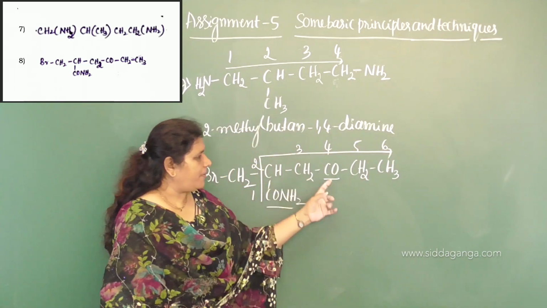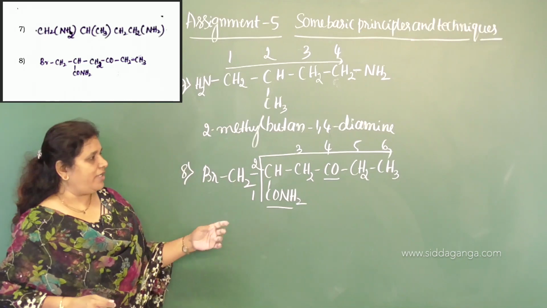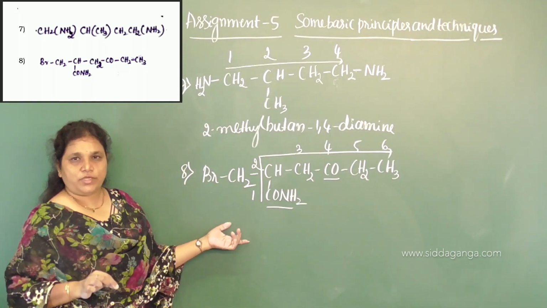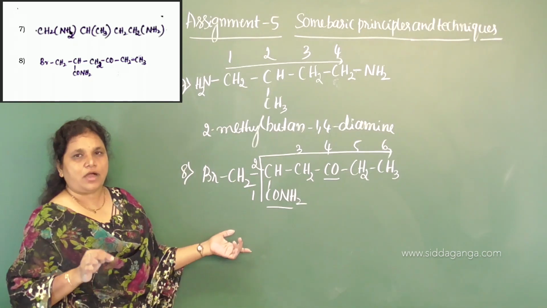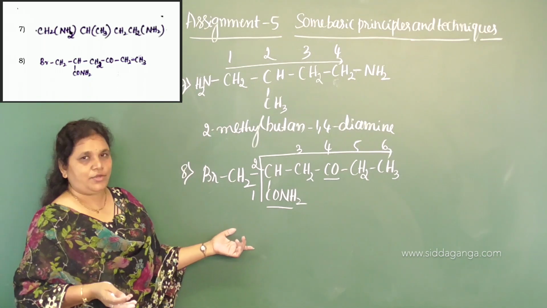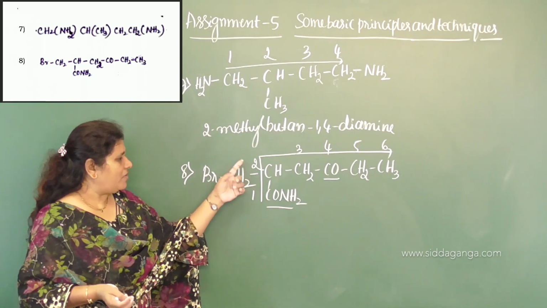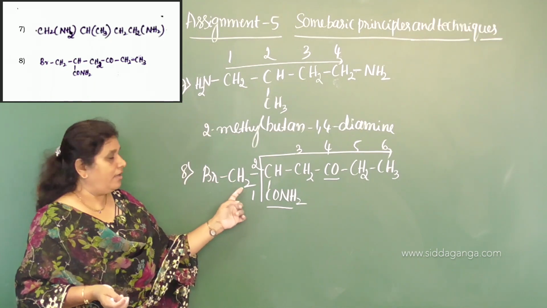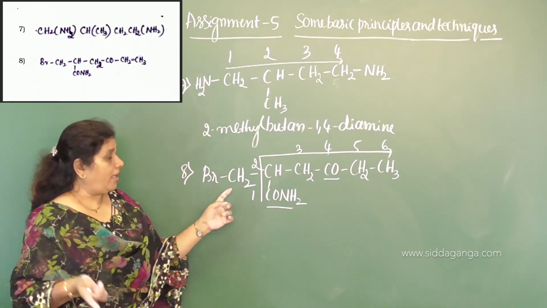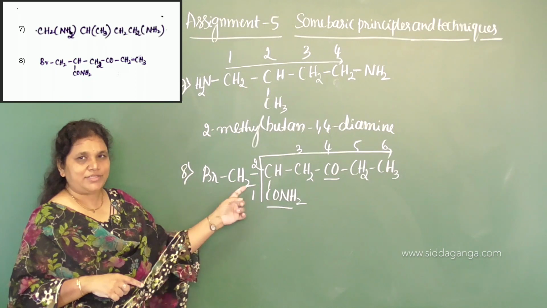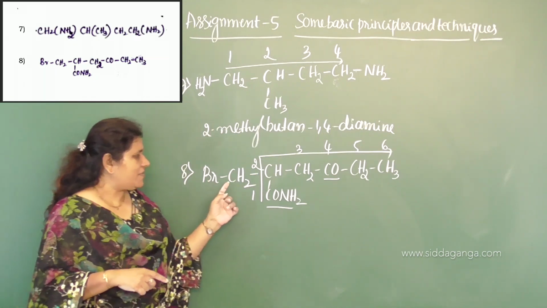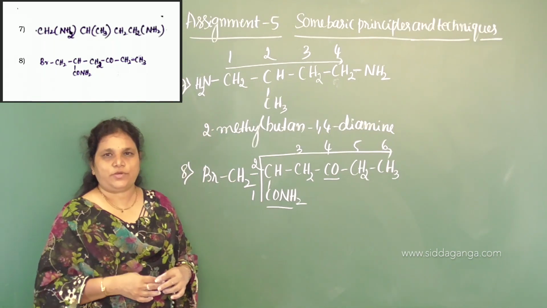On the 4th carbon we have the ketone group. We need to treat it as a substituent, and the prefix for that is oxo, or you can take it as keto also. But one more substituent group is here, CH2 attached to bromine. Then if CH3 is there, what is the substituent? Methyl.